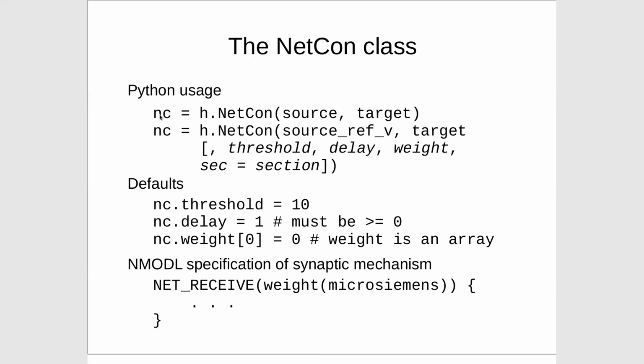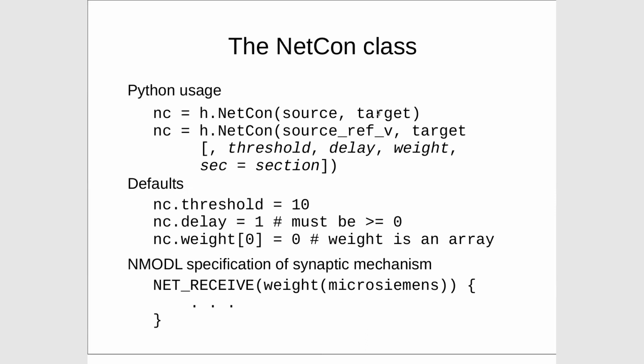In Python, the way we set this up is we create a new instance of the NetCon class with a statement like this. NC, the thing that's going to refer to the new instance, is equal to h.NetCon, and inside the parentheses, we have the name of the source, comma, and the name of the target.